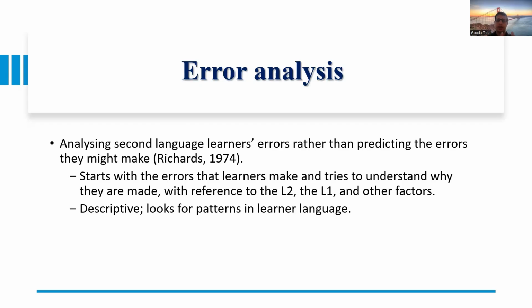So we start with the errors, not the prediction, and we try to understand why they are made. Maybe with reference to the second language that they are targeting to learn, or the first language, or any other factors.